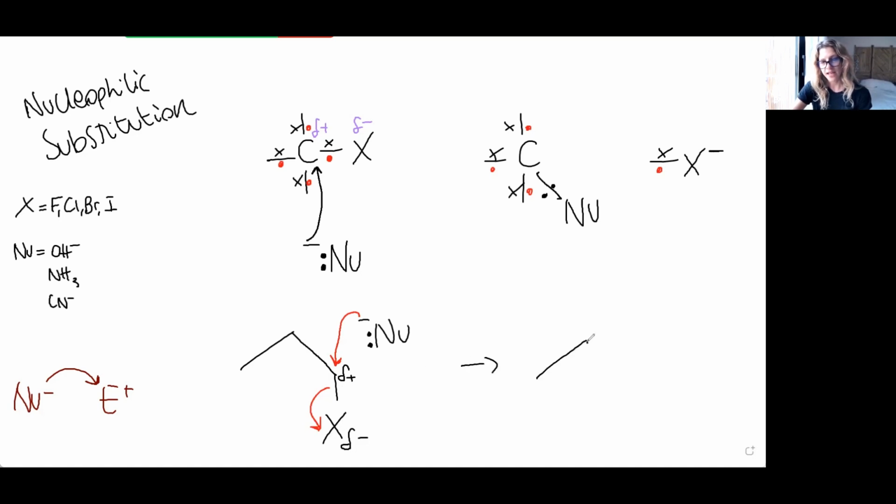The consequence is that there is a change in where the bond is, but I don't want to focus on the stereochemistry for now. We have this nucleophilic substitution where the halogen, which is our X, now has a negative charge.